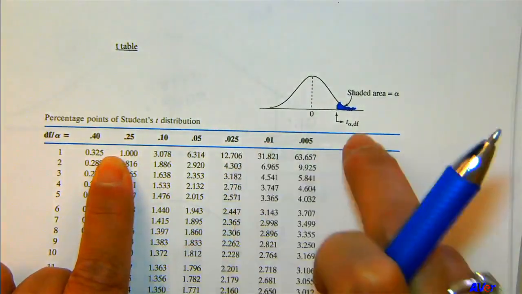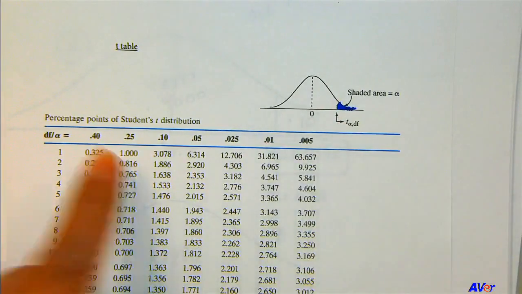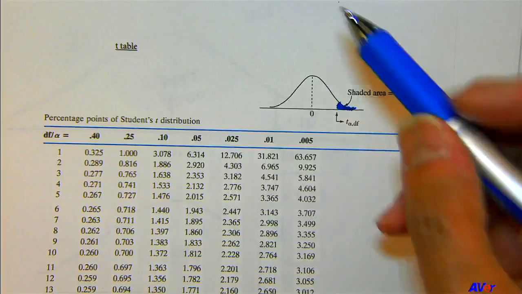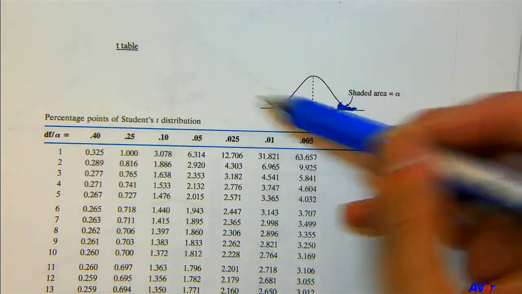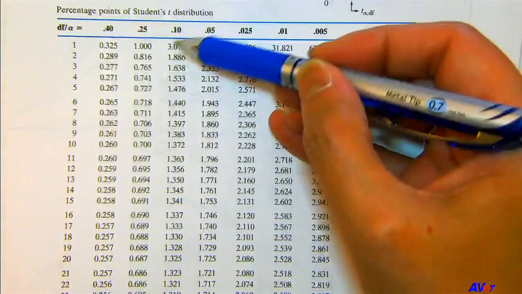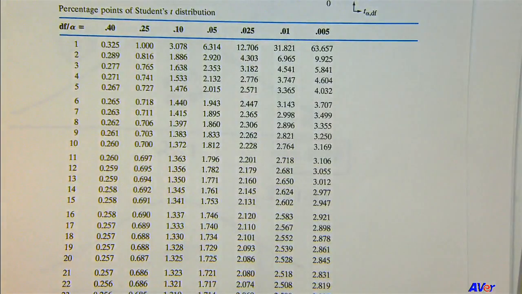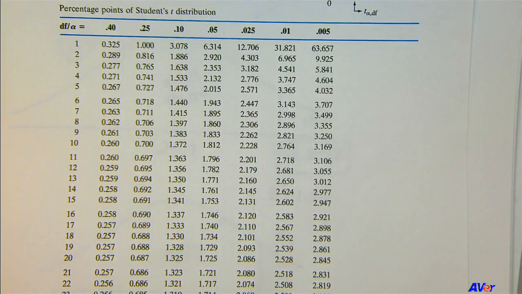And these numbers up here correspond to what's in the tail of that distribution. So I could have just done this, gone to 0.10 and gone all the way down to the last row, because the limiting case of the t distribution is the z distribution.